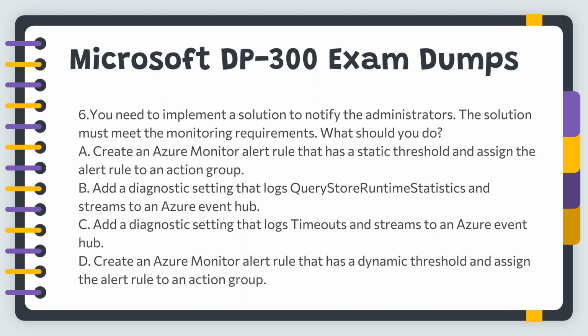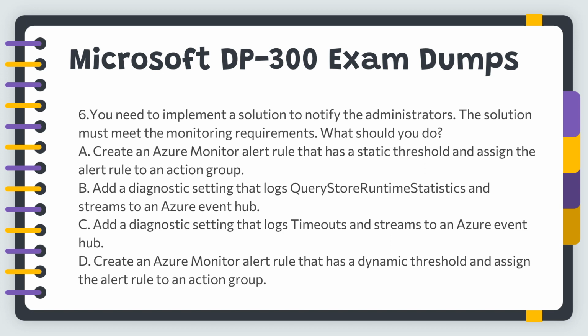6. You need to implement a solution to notify the administrators. The solution must meet the monitoring requirements. What should you do? A. Create an Azure Monitor Alert rule that has a static threshold and assign the alert rule to an action group.